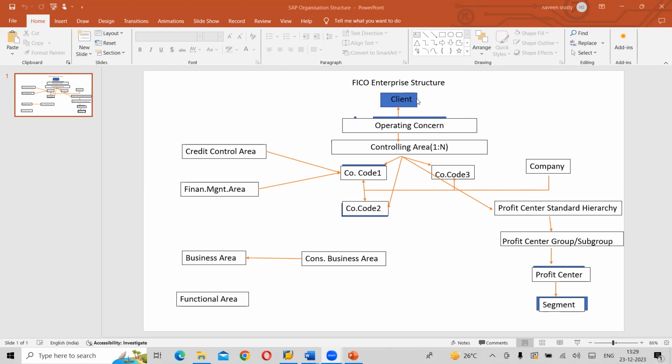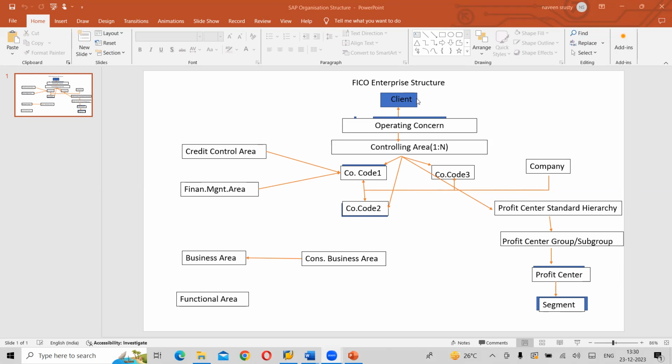At the same time, we discussed the quality server. What is the quality server? Whatever data and configurations we have done, whatever end-to-end structure we have prepared, will be transferred from the development server to the quality test server.